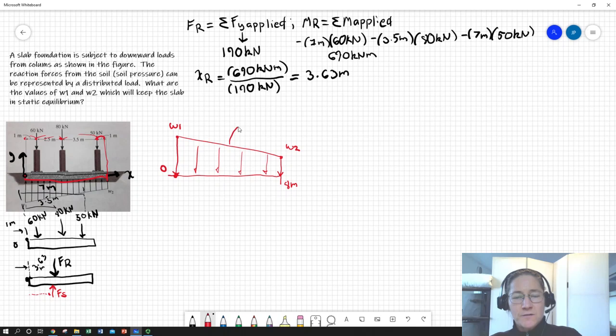So if we define a load distribution here, a Q as a function of x, where x is increasing here, we could use our algebra and define a line equation for this.